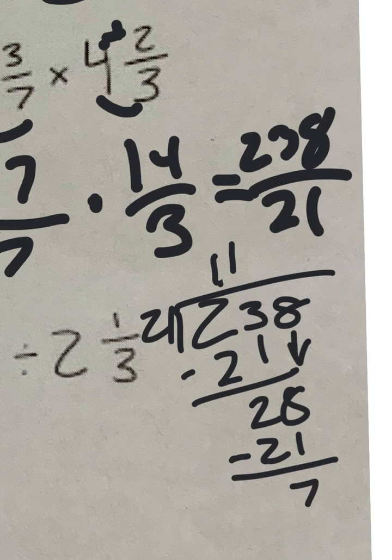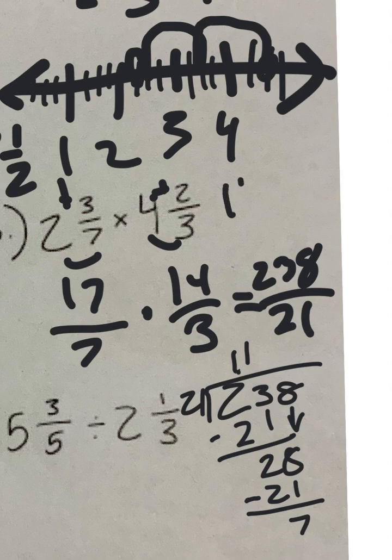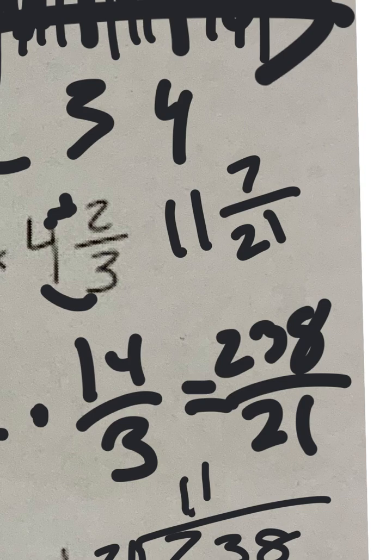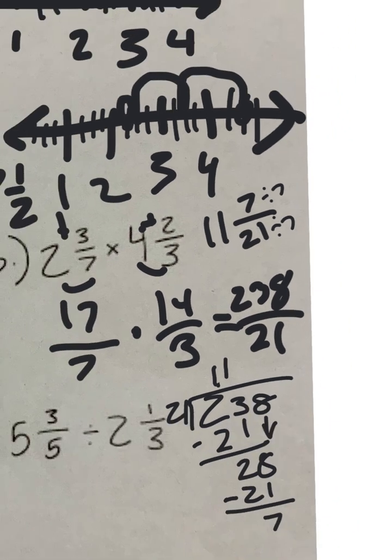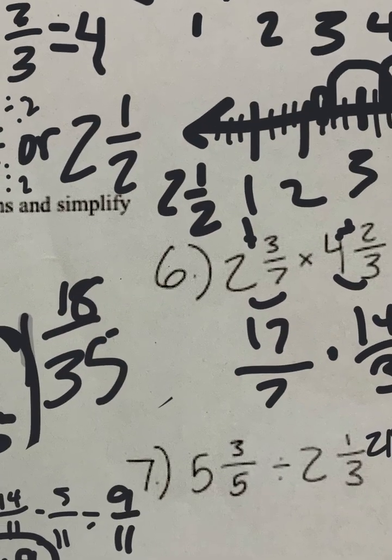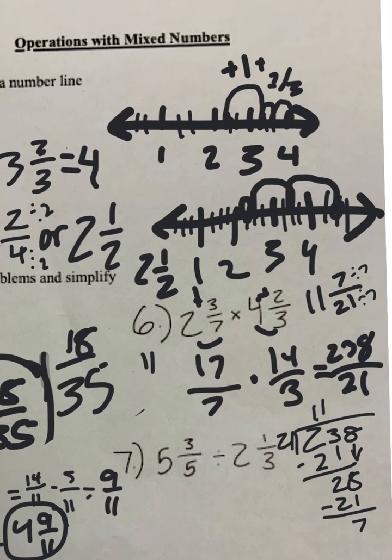So we get 11 and a remainder of 7/21. Or if we simplify, 7 both goes into 21 and 7 evenly. So 11 and 1/3 is our answer for 6.